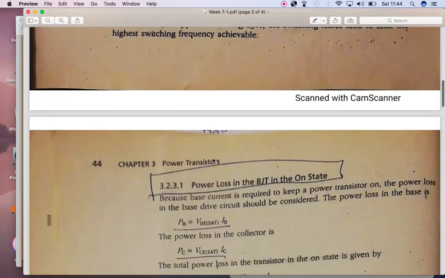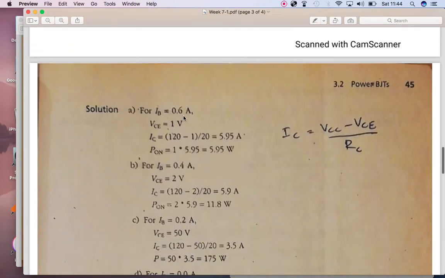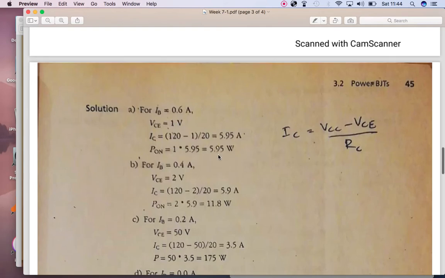So from the figure we have analyzed that when IB is equal to 0.6 ampere, then VCE is equal to 1 volt, and we put this value in the formula to calculate the value of output current, which is 5.95 ampere, multiplying that value with the above value to calculate the power loss over here.